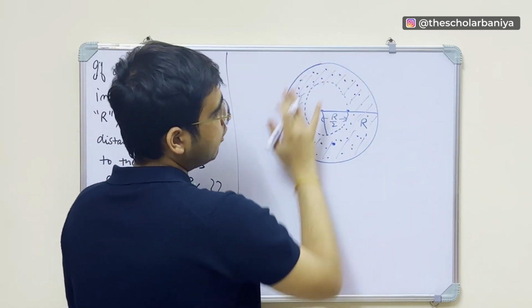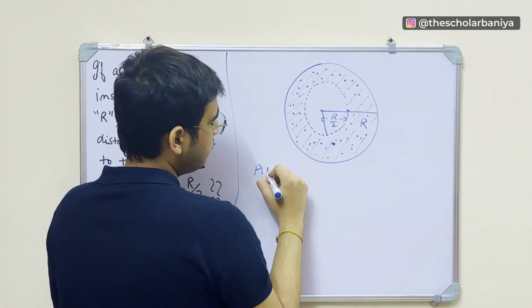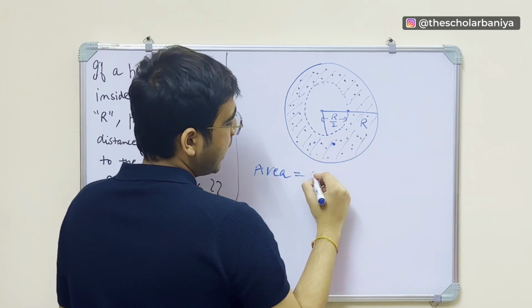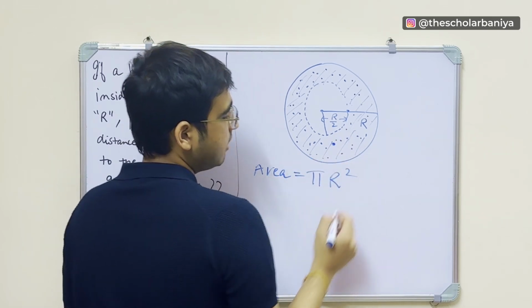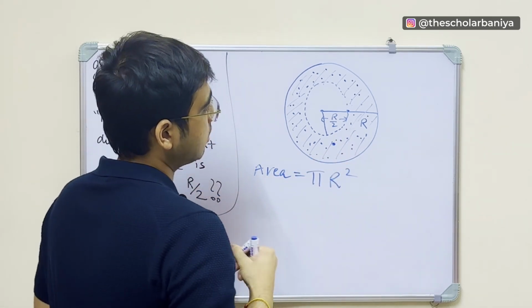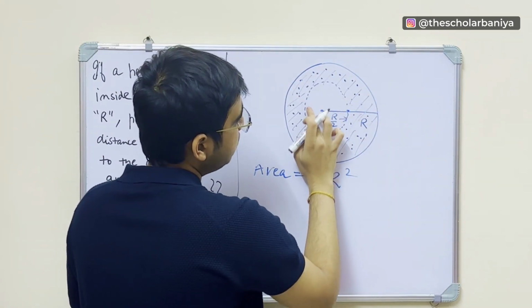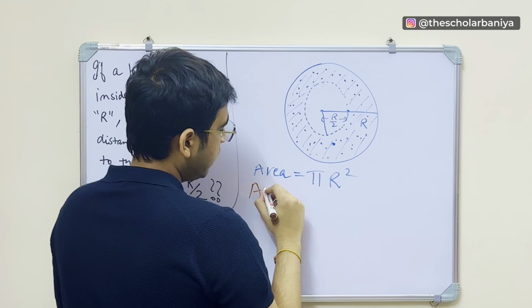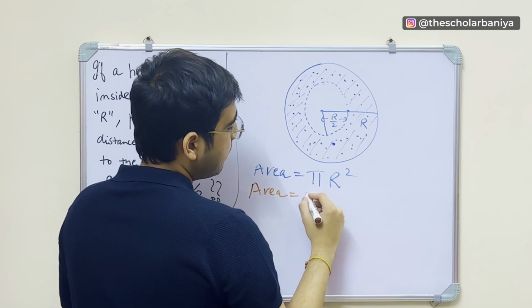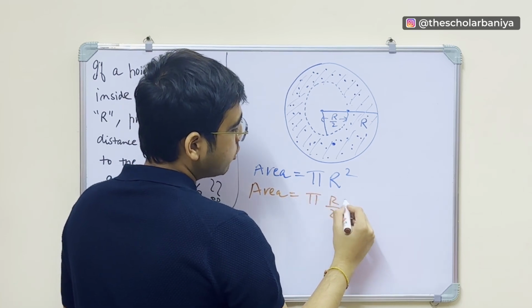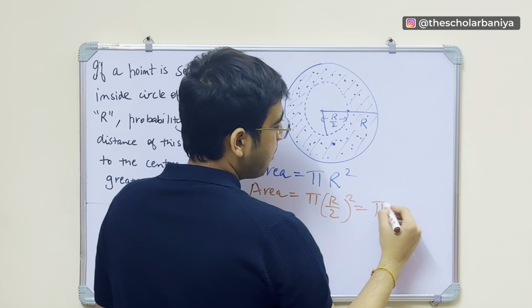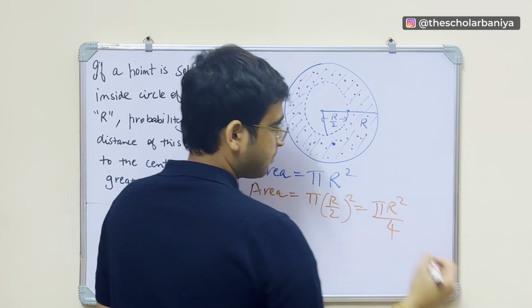What is the area of the entire circle? Pi r square. That is the area of the bigger circle. Now tell me, what is the area of the smaller circle? Pi r by 2 square, which is pi r square by 4.